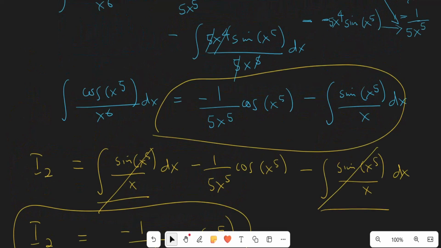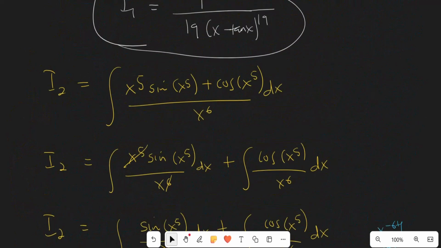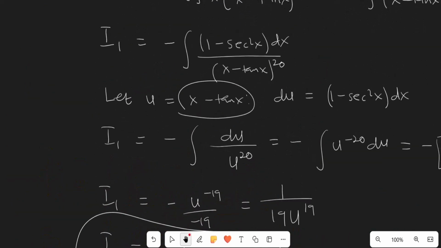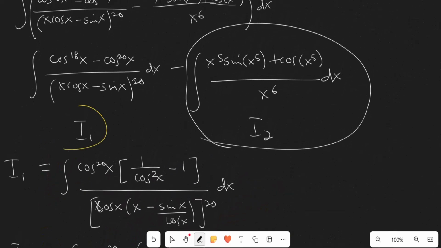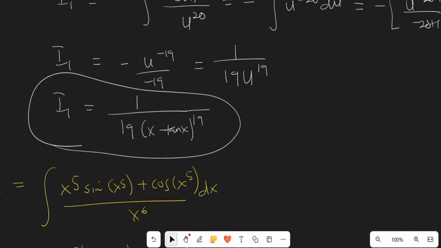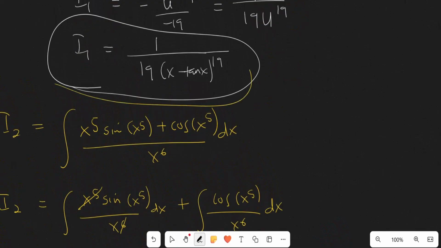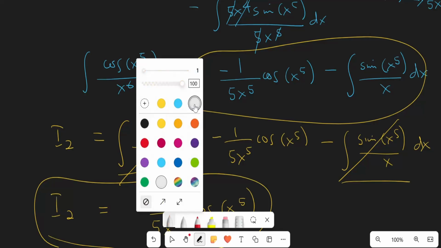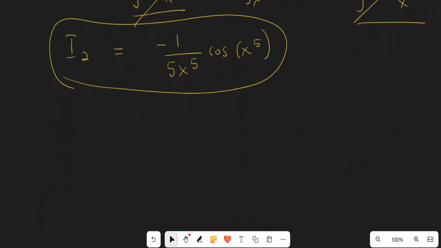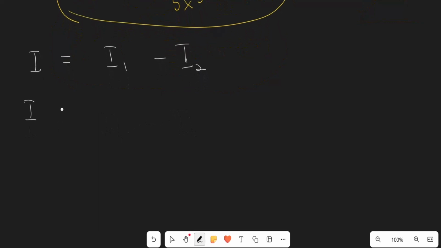So with this one, then we can now add that to the value of our first integral. Actually, they are not adding, they are subtracting. It was I1 minus I2. So we just have to subtract them. So this is the value of our first integral. So our original integral I was equal to I1 minus I2. So I is equal to I1.